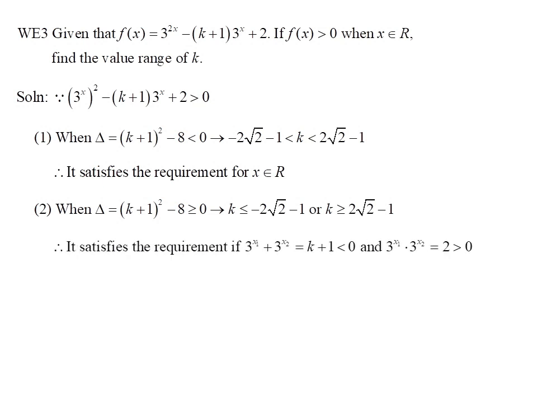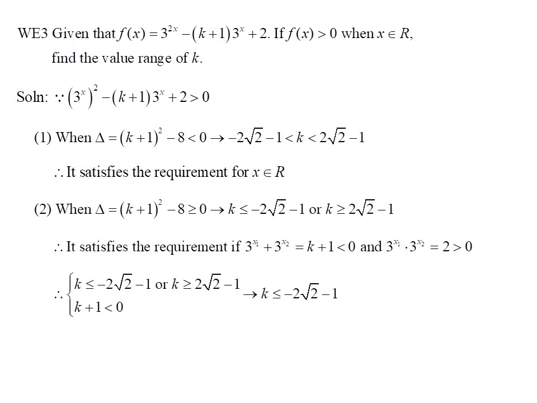Since 3 to the x is always greater than 0, if 3 to the x sub 1 plus 3 to the x sub 2, which equals k plus 1, is less than 0, f(x) will be greater than 0.